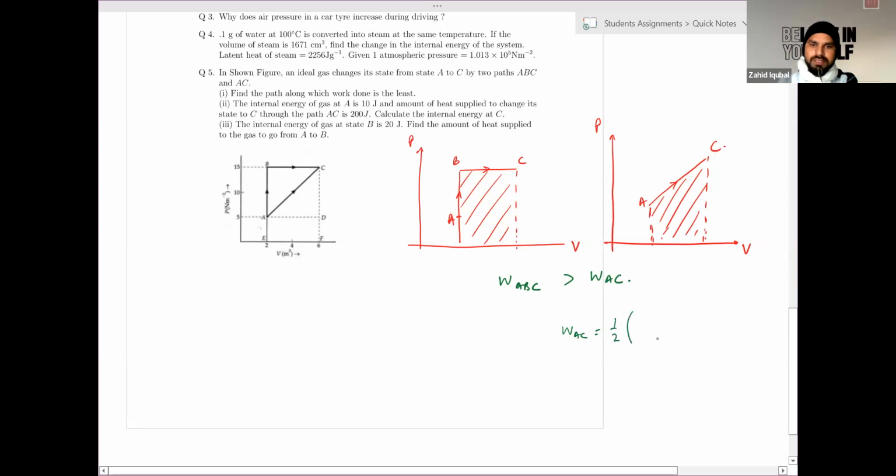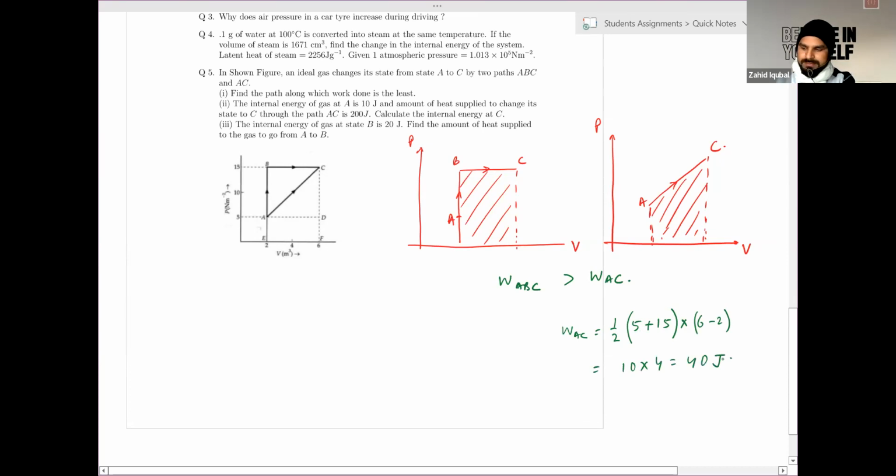So half sum of parallel sides, 5 plus 15, and change in its volume, 6 minus 2. So 5 plus 15, 20, divided by 2, 10, multiplied by 4, so it will be 40 joule.